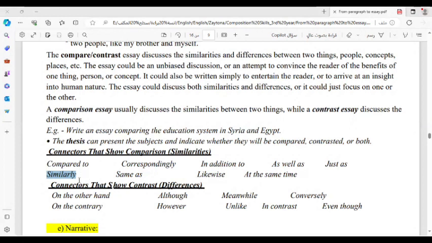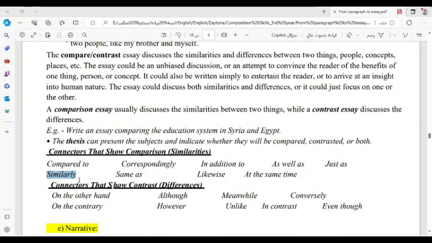Similarly, we have this word. Can you use it in a sentence, Ahmed, to show how we can use it in a comparison essay? "The education between Syria and Egypt is similar." No, Ahmed, you can say, for example, the education system in Syria is free, you can use a semicolon, which is الفاصلة المنقوطة.